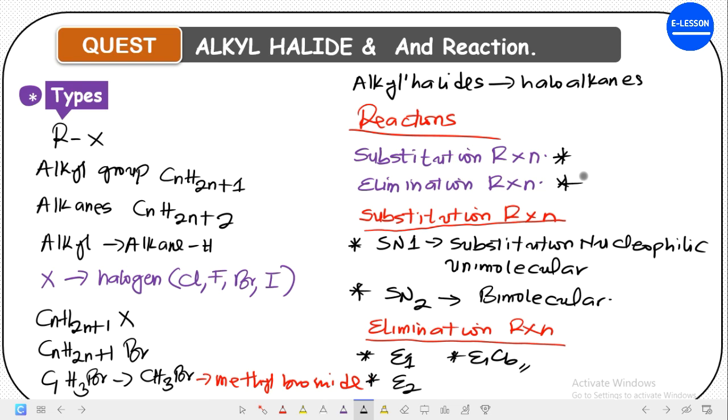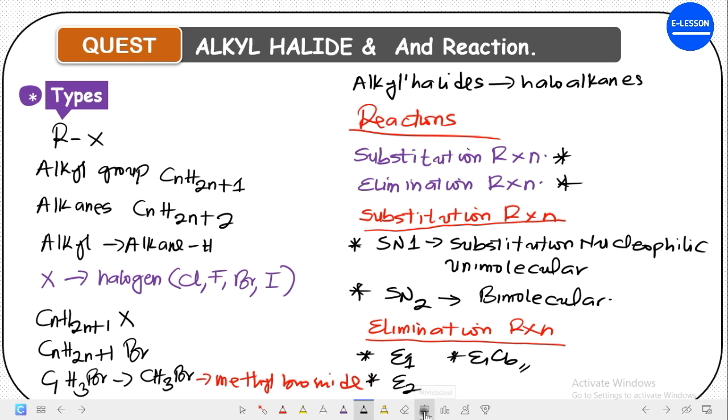Whenever an alkyl halide is present to undergo a reaction, there will be a competition: whether substitution will happen, or elimination will happen, or it will be 50-50. There are various conditions that favor the substitution reaction, and other conditions that favor the elimination reactions.